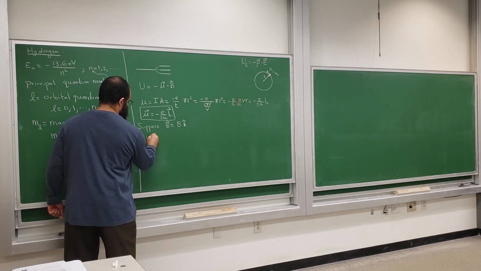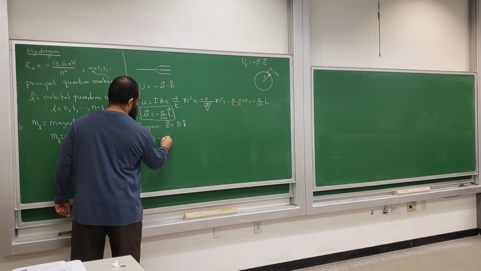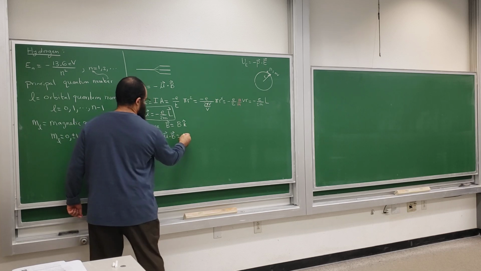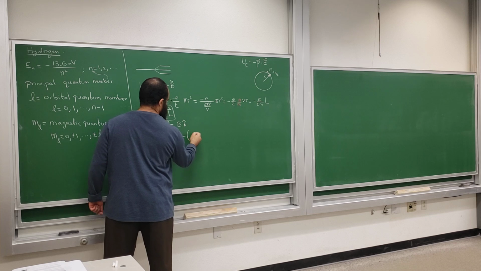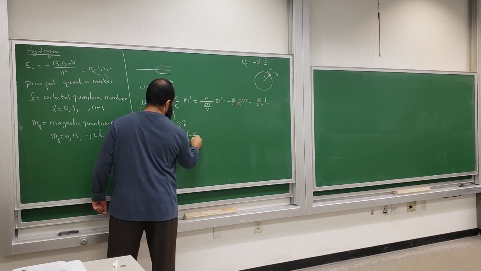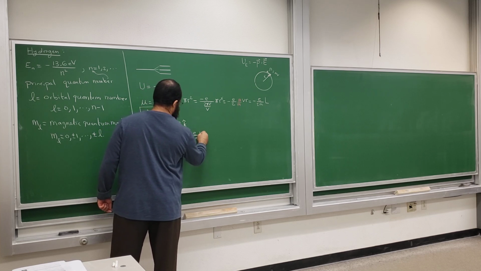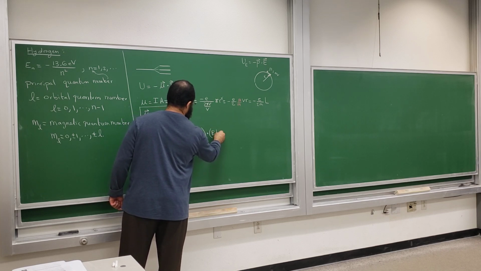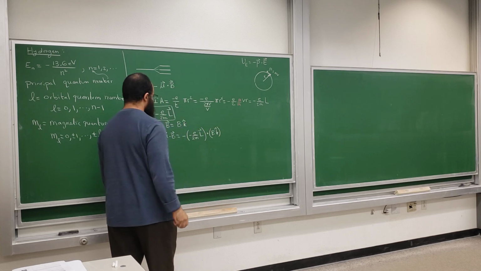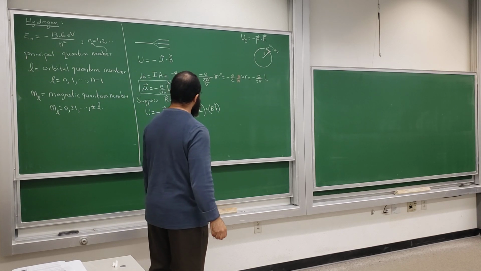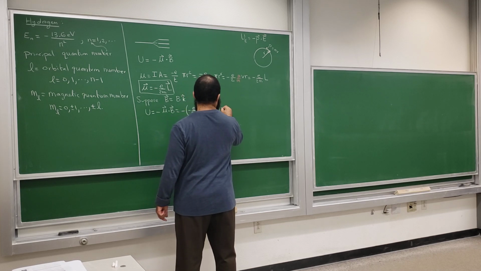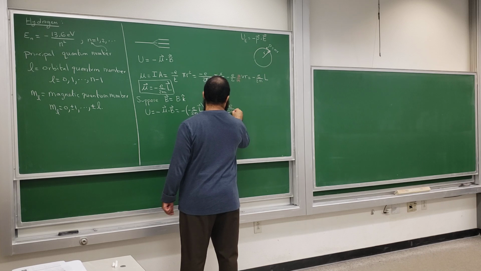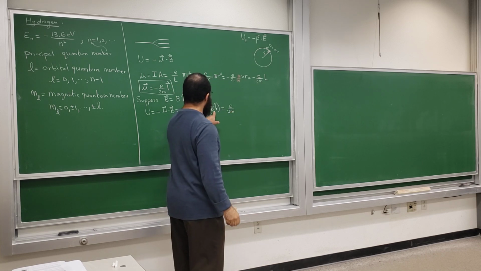Then the potential energy would be minus mu dot B, and that is minus e over 2m, and then L dot product with B k hat. Minus minus is plus, and you get e over 2m, and then B.